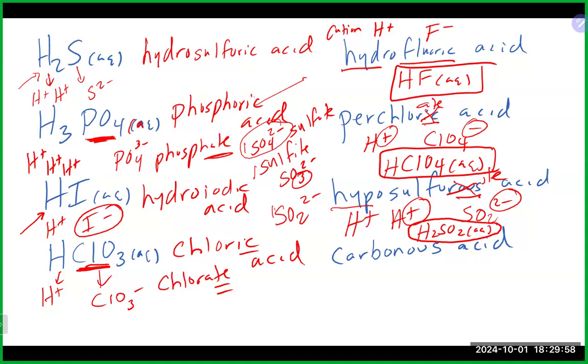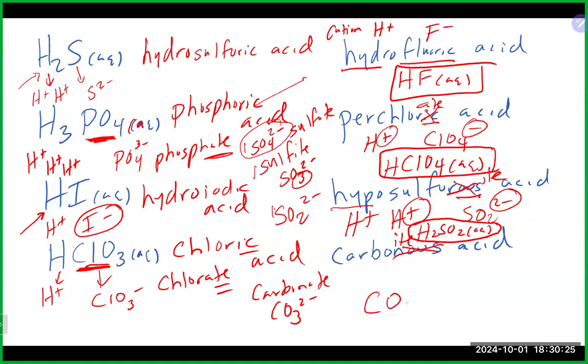We're going to do the same thing here with carbonic acid. And again, no hydro, which means it has oxygen. It's got a polyatomic ion. Just going to cross out a little bit of that ous and replace it with ite. So that's like carbonite. That sounds very much like carbonate, right? Carbonate is CO3 2 minus, which means carbonite should be what?